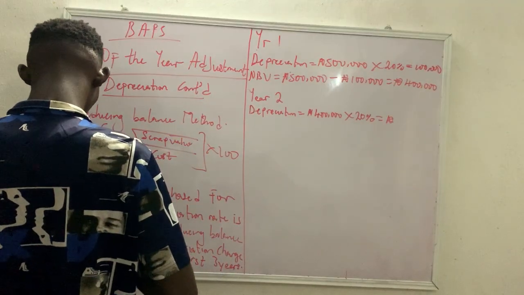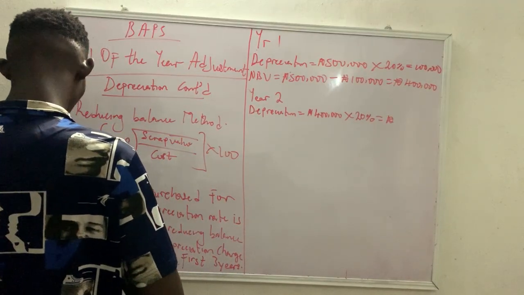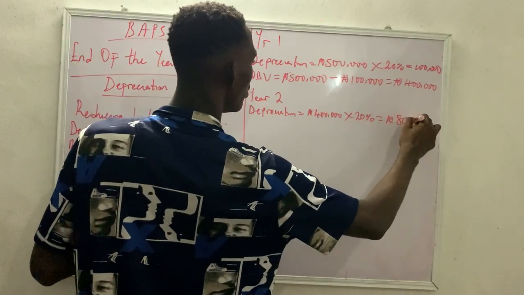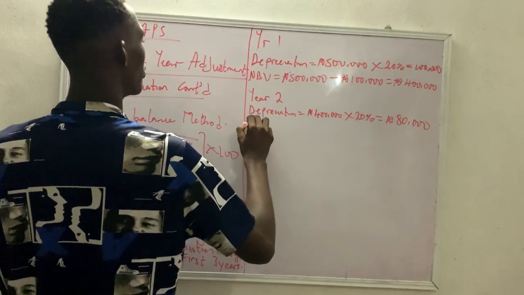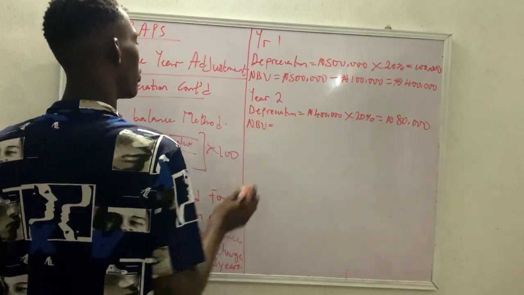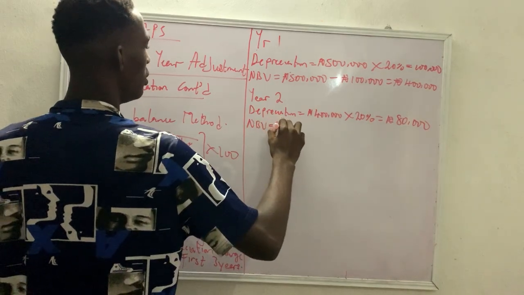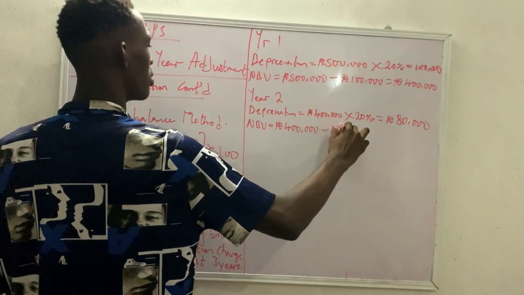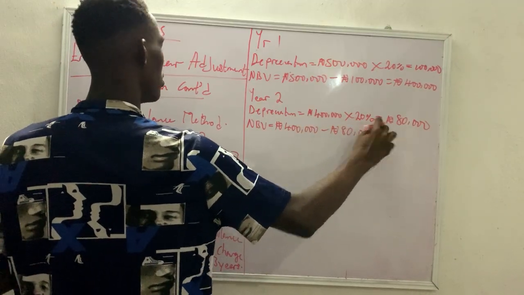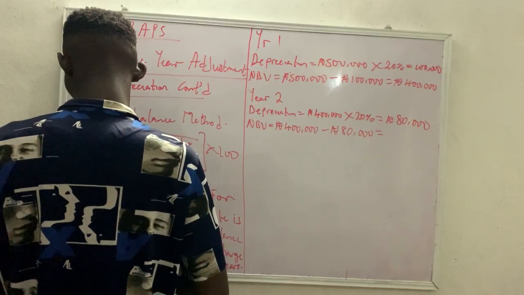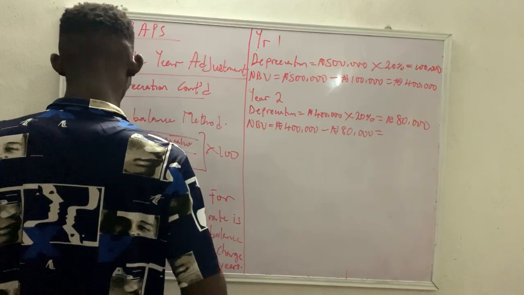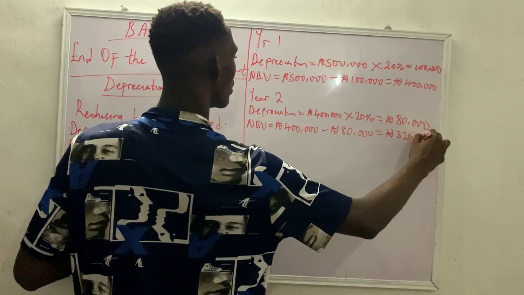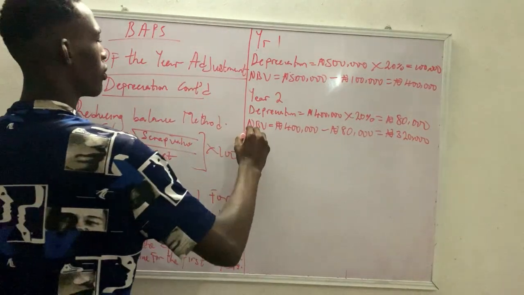So 400k times 20% will be 80,000 naira. Then our net book value for year two will be 400k minus 80,000 naira. So that will give us what? 320,000 naira.